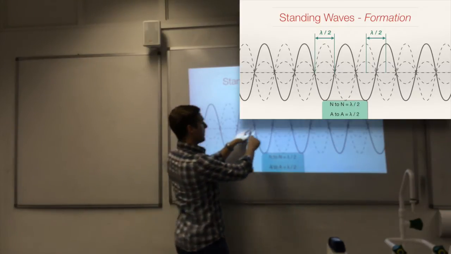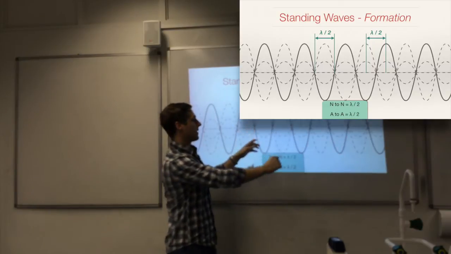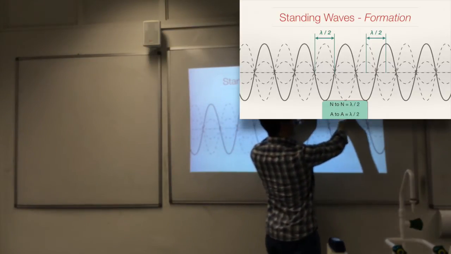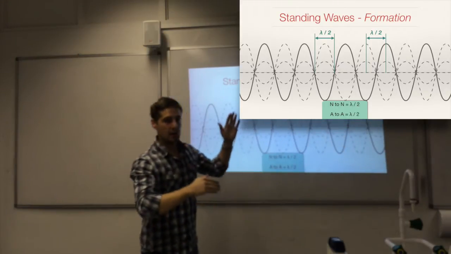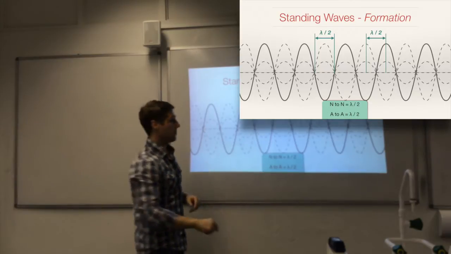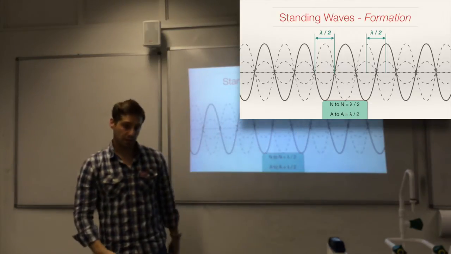And obviously, if you went from one node to the next and then the one beyond that, that's a full wavelength. Likewise here, going from one antinode, not to the next one, but to the one after that, that's going peak to peak, so that's a full wavelength as well. Also, if you go from an antinode to a node, that's a quarter of the wavelength.